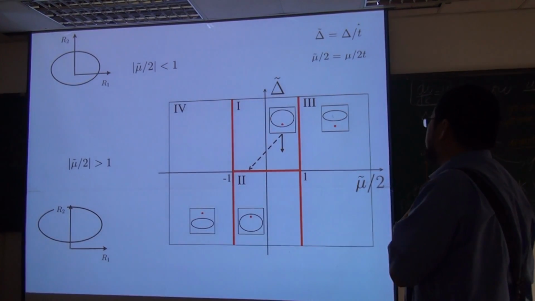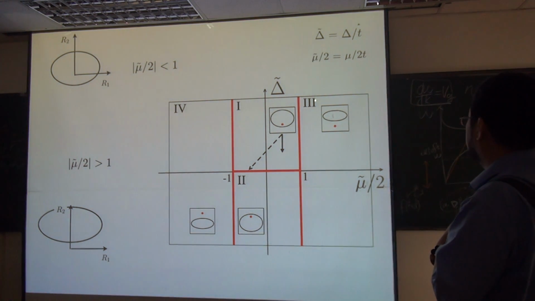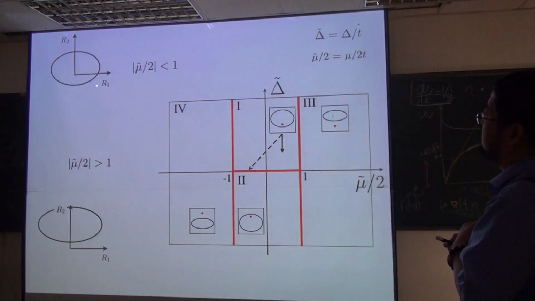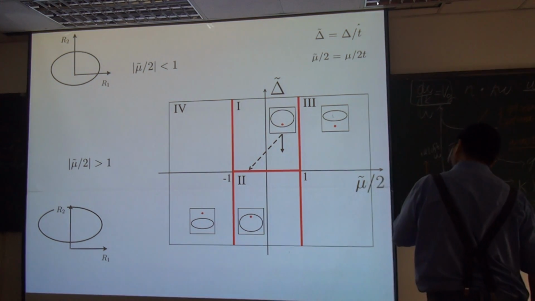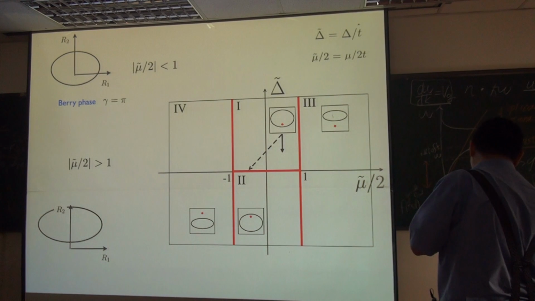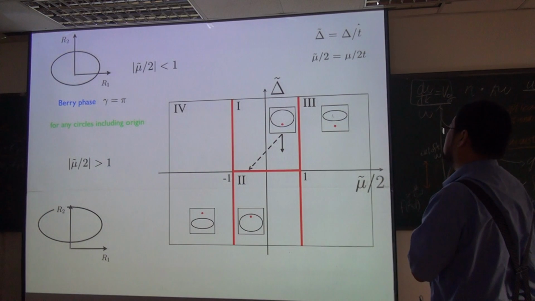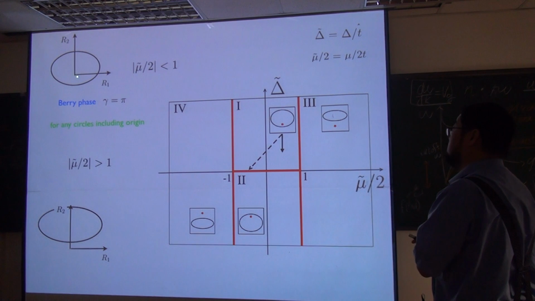Then you can have this phase diagram with phase 1, phase 2, phase 3, and phase 4. The difference is that in phase 1 you have the Berry phase encircling the origin, and if it encircles the origin, the Berry phase will be pi or minus pi. If you change things, they won't change too much. It's only because you encircle the origin, which is the singularity of this system.